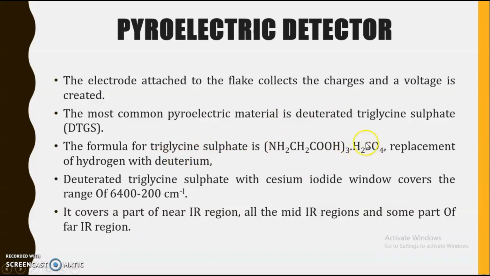When the hydrogen present here is replaced by deuterium, it is known as deuterated triglycine sulfate. Deuterated triglycine sulfate with a cesium iodide window covers the range of about 6400 to 200 cm⁻¹. It covers a part of the near IR region, the mid IR region as well as the far IR region.